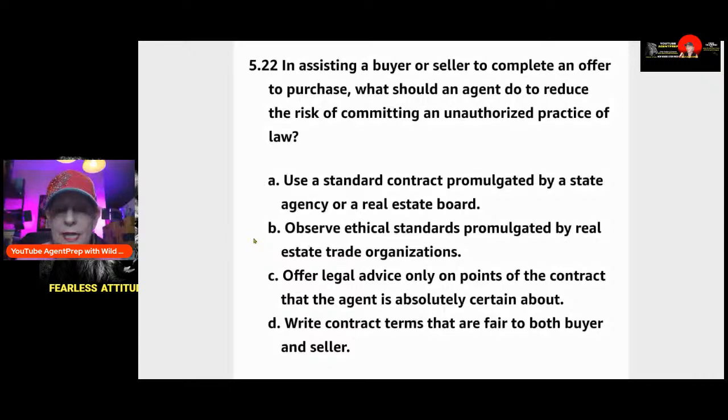C, offer legal advice only on points of the contract that the agent is absolutely certain about, or D. Which answer makes sense when a buyer is completing a purchase? A or D? The answer here is A.